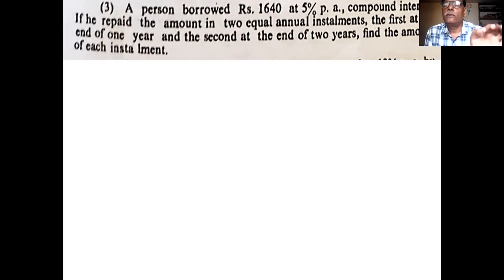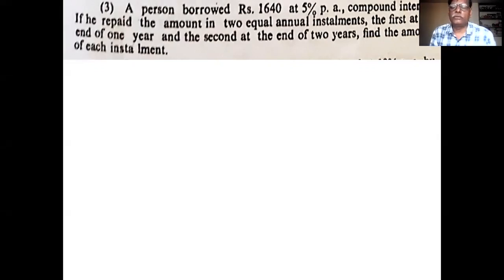If the first installment is deducted, the balance amount remains. That balance amount becomes the principal for the second year. On the second year balance principal, you calculate the amount at the end of the second year. And whatever amount at the second year is there, that must equal the second installment he pays. Remember this.